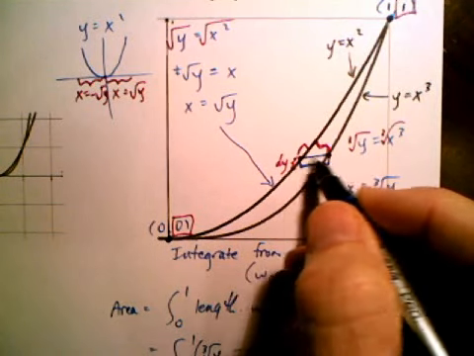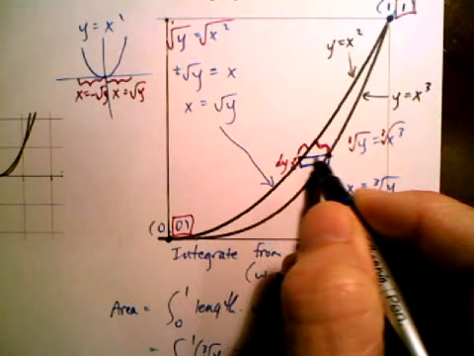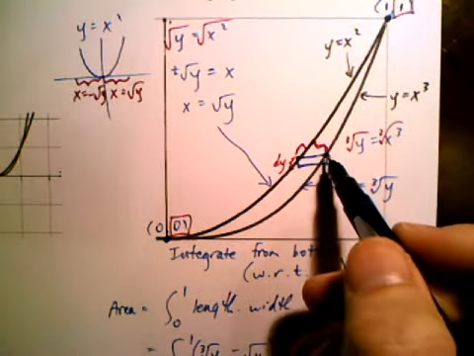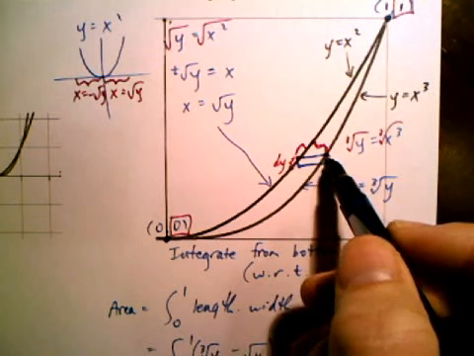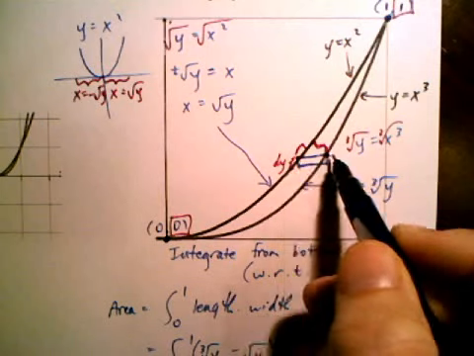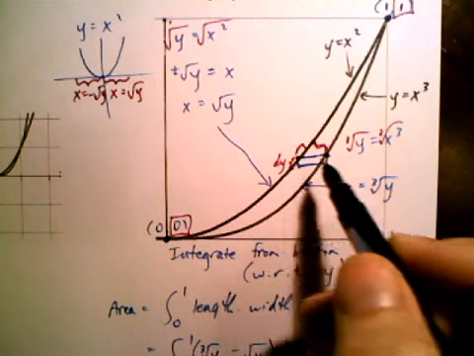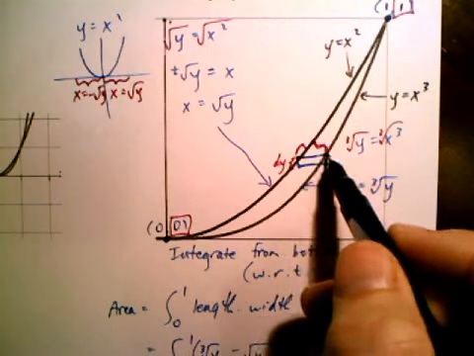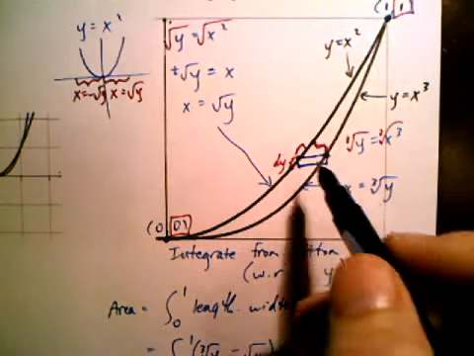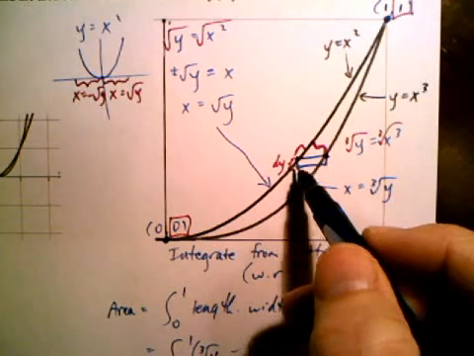The length of that rectangle is always going to be horizontal when you're integrating with respect to y. So keep in mind, it's the right-hand curve minus the left curve. It's the right function minus the left function. That always gives you the length of that rectangle. And always when you integrate with respect to y, the width of the rectangle is always going to be dy.